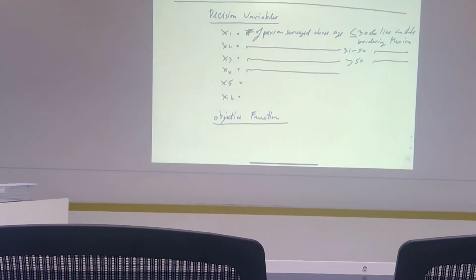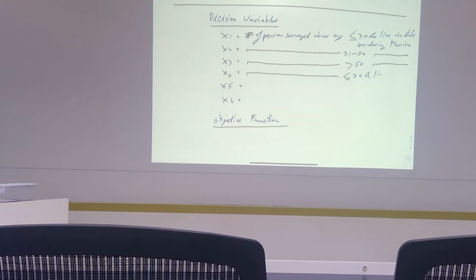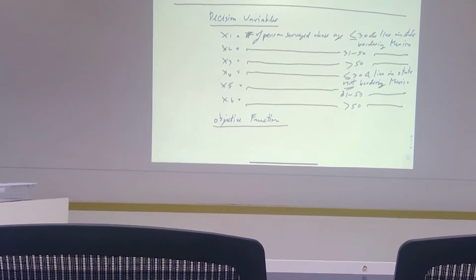And x4 is less than or equal to 30, but live in a state not bordering Mexico. So x5 is quite the same, 31 to 50. x6 is more than 50, but living in a state not bordering Mexico.